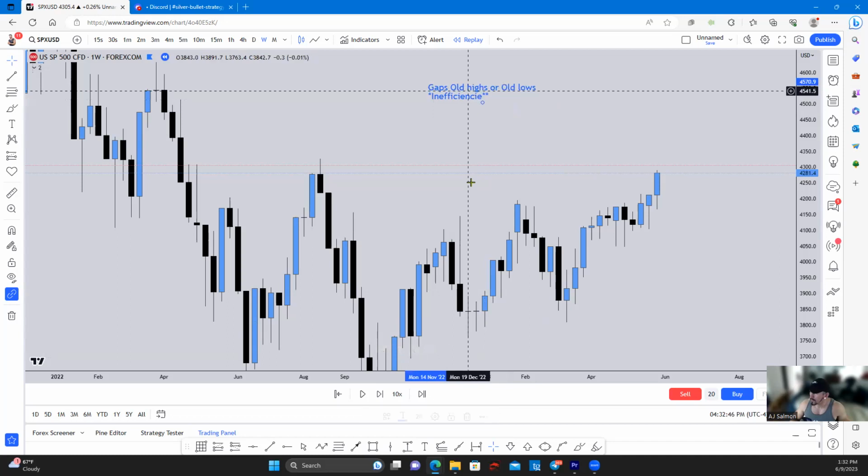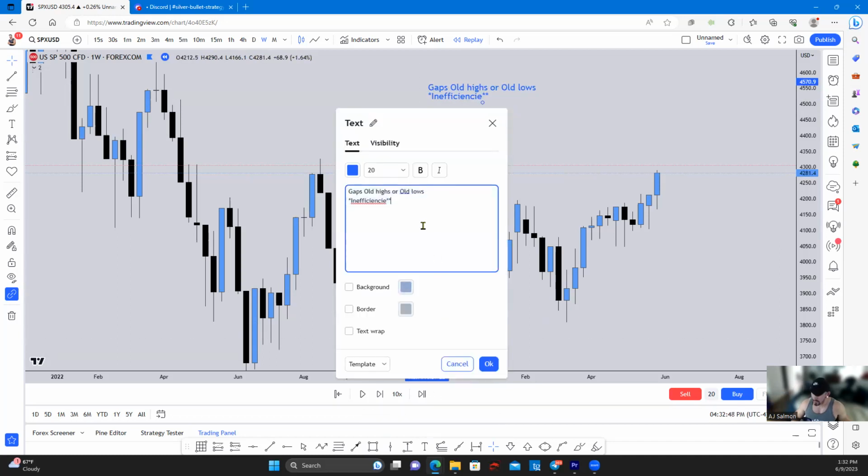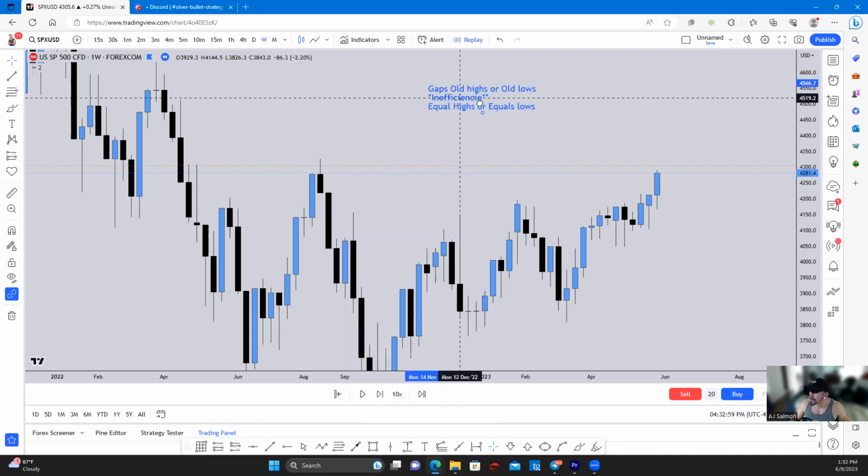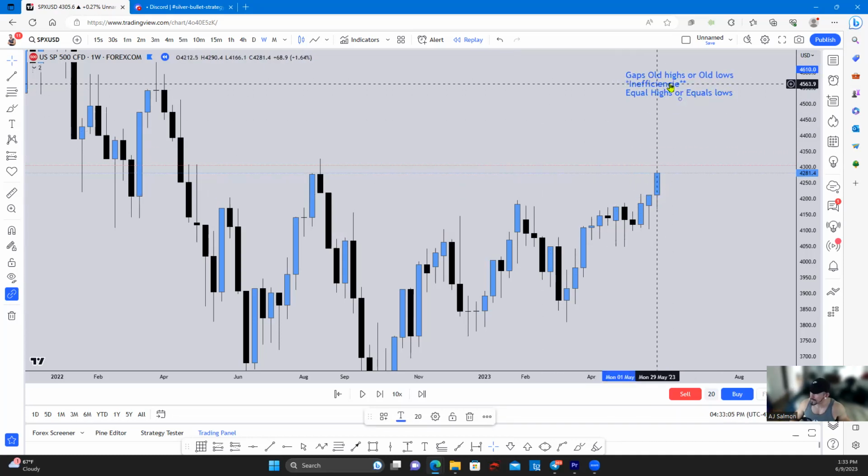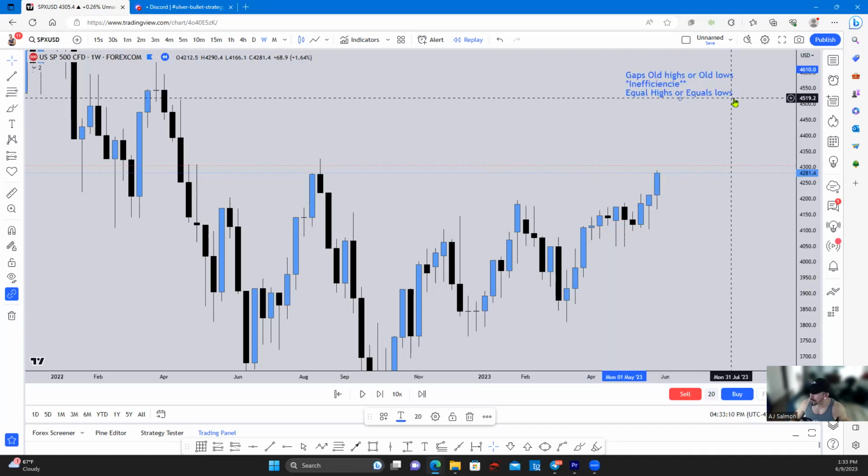We also look for equal highs or equal lows. So these are all the things that we're looking for from the top down: gaps, old highs, old lows, inefficiencies, equal highs, or equal lows.